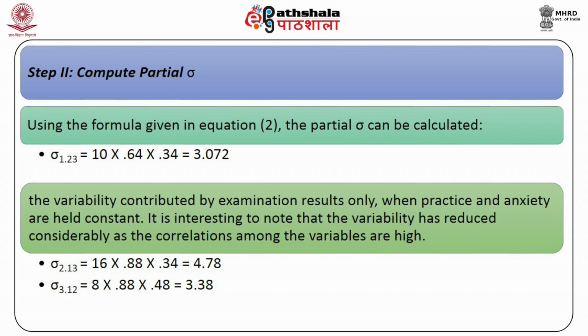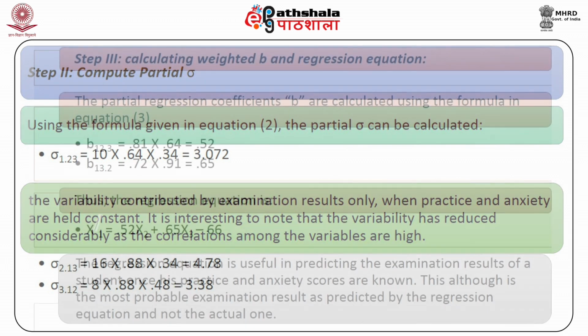Similarly, the variability of variable 2 while the effect of the first and third variables has been controlled, and the variability of the third variable when the effect of the first two variables has been controlled, are also shown to be 4.78 and 3.38 respectively.